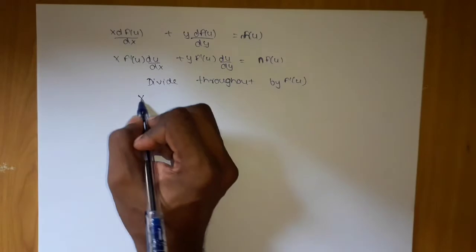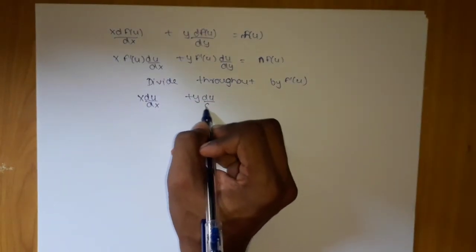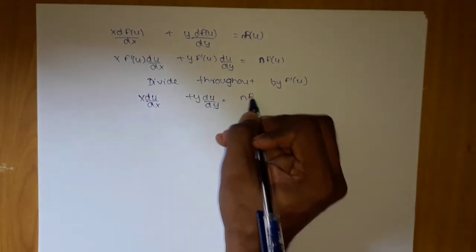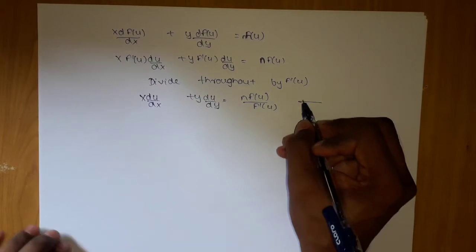What we get is x ∂u/∂x + y ∂u/∂y = n f(u)/f'(u).